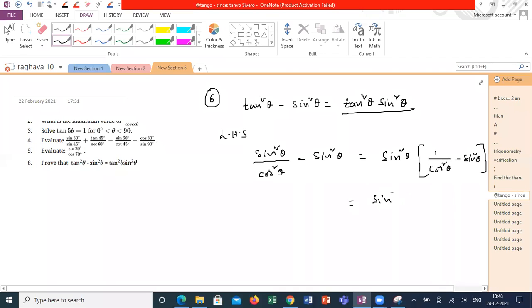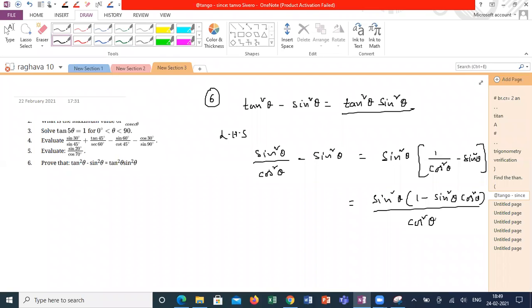This will be sine square theta into 1 minus sine square theta cos square theta divided by cos square theta. How can we proceed with this?